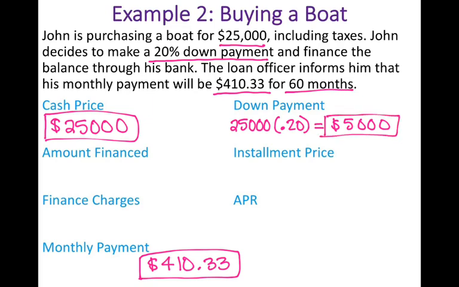Okay, so the amount financed, I don't know why that word is so hard for me. The amount financed is going to be the $25,000 minus the $5,000 that he puts down, and that is going to be $20,000.